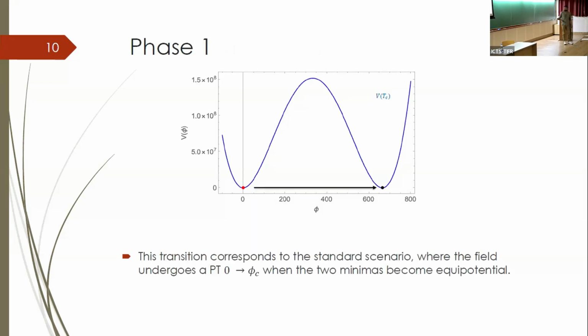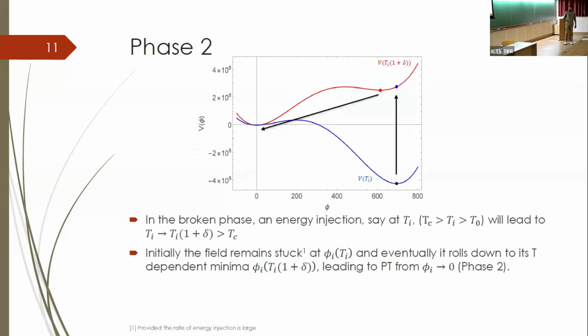As I said earlier, for phase 1, which is the standard scenario for phase transition, when the potential becomes equipotential, like the two minima are equipotential, initially the field is lying somewhere here, and then it undergoes a phase transition and goes to the blue dot here. For phase 2, which is the new phase, initially we had the blue curve, and the field was lying somewhere at a t-dependent minima.